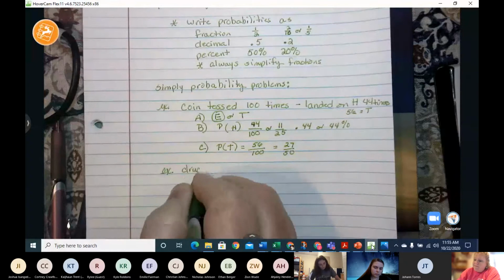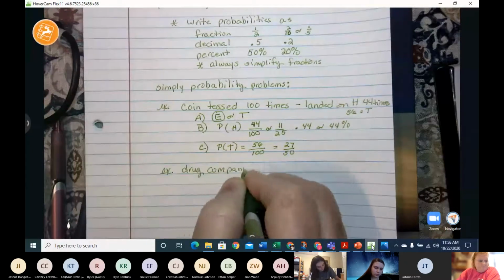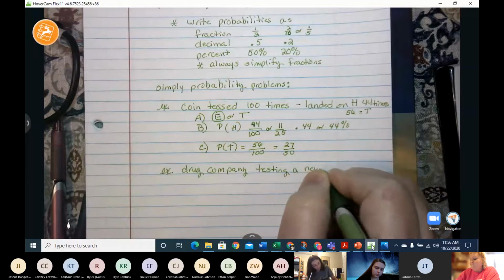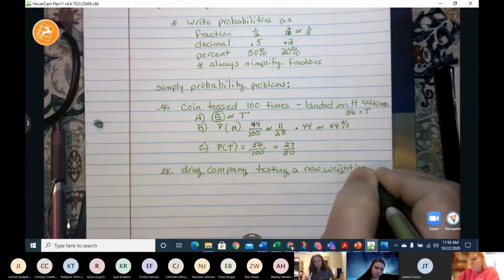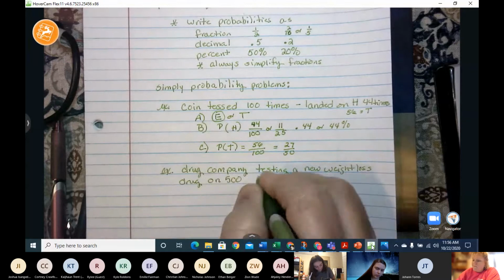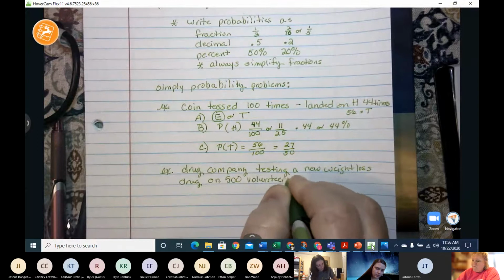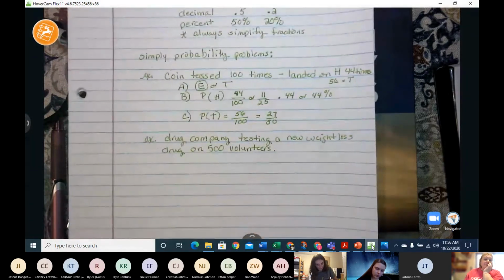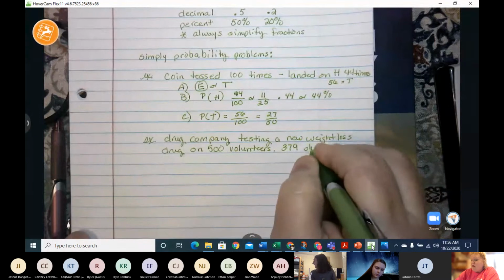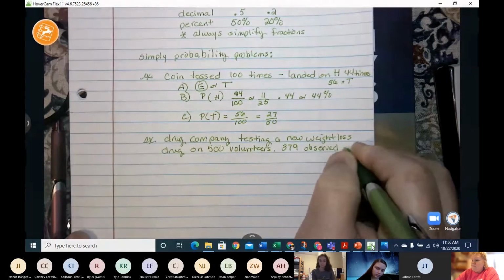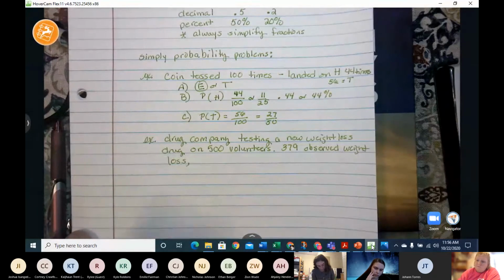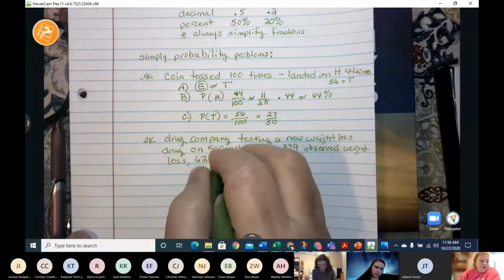We have a drug company. They're testing their new drug on 500 volunteers. 379 observed a weight loss. 62 observed no weight loss.